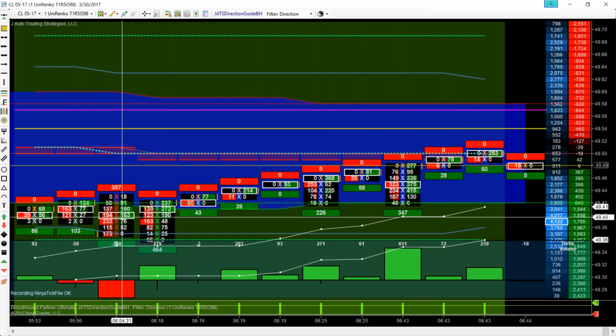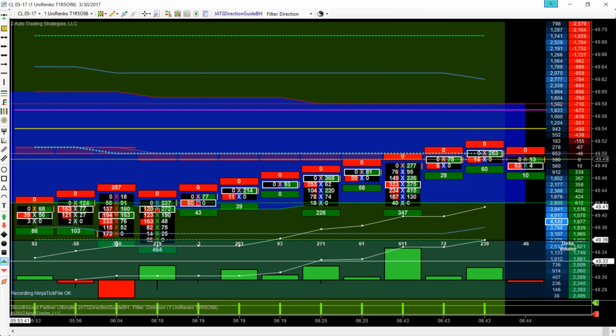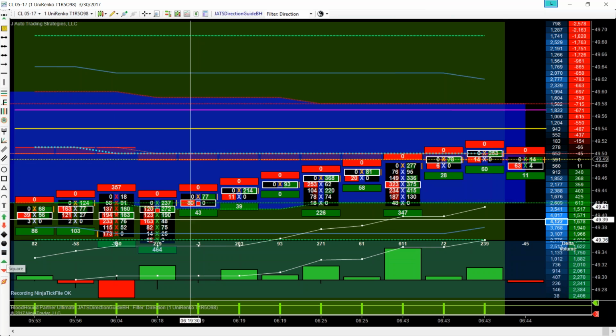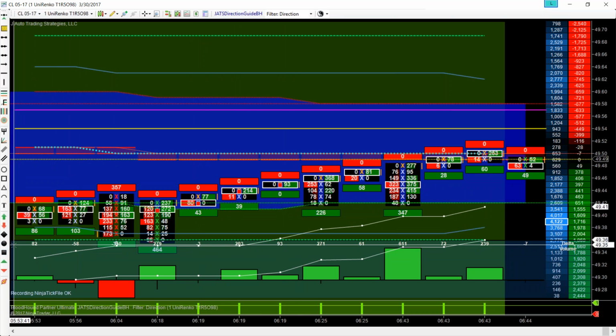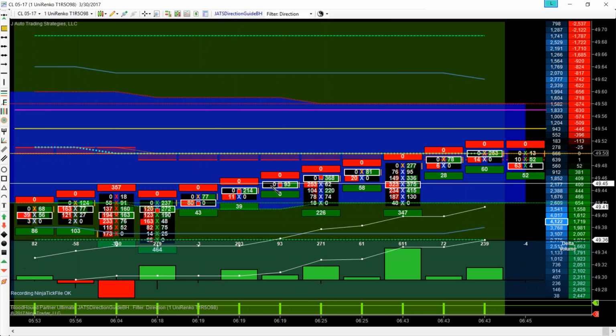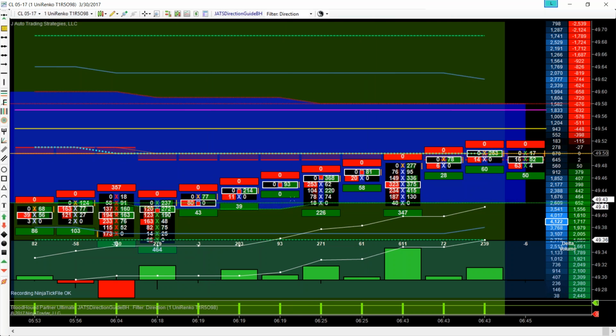It's the same thing as that theory of the close. As long as volume keeps rising, and you can see that on each one of these boxes, the volume level for each one of these 6-cent ranges.